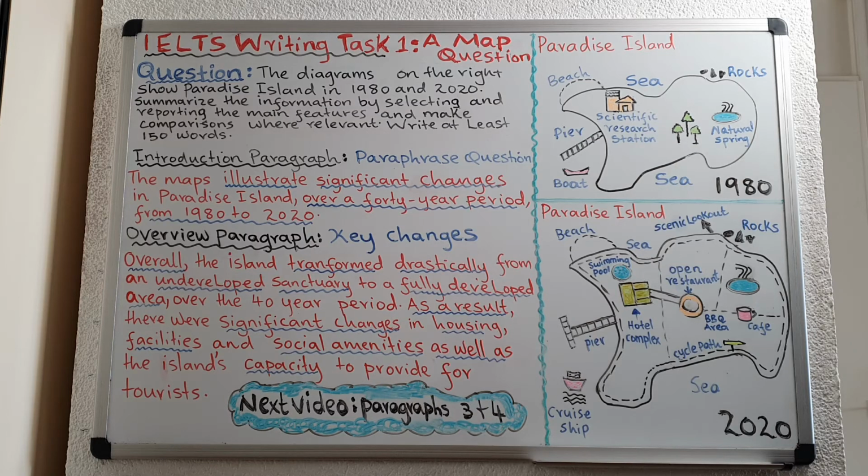So there are a lot of changes, but some of the original features are still there. Now, once you have looked at the two diagrams in detail, then begin writing your introductory paragraph.